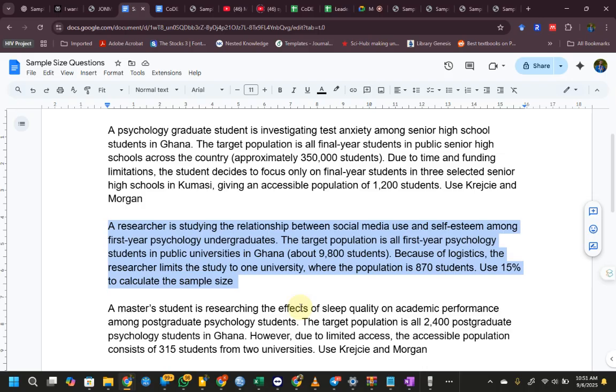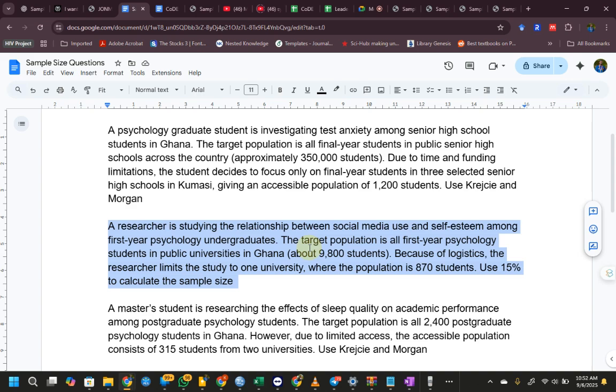With my working, 15% times the 870 population gave me, per my phone calculator, 87. I don't know whether that calculator will work with the decimal point. I don't have the normal calculator with me, sir. No, your phone calculator should be just fine. It can also calculate it just fine.